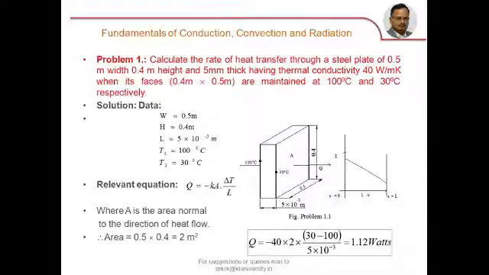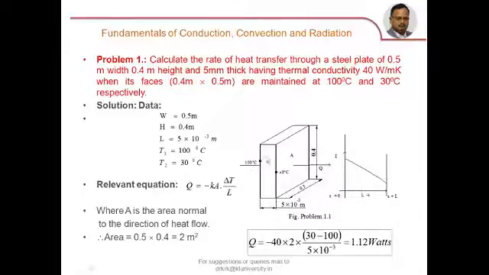Let us have a look at model problems. Calculate the rate of heat transfer through a steel plate of 0.5 meters width and 0.4 meters height and 5 mm thick, having thermal conductivity 40 watts per meter Kelvin, when its faces are maintained at 100 degrees and 30 degrees centigrade respectively.